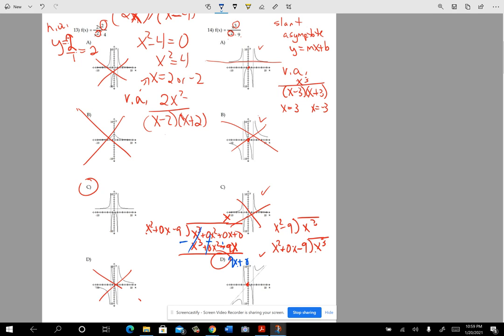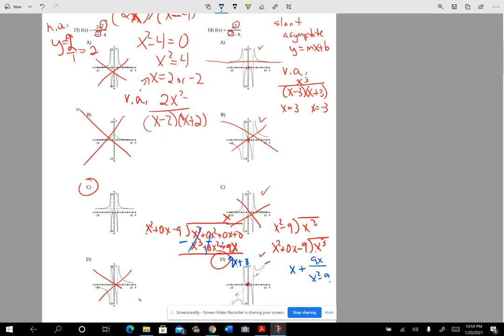And then you've got that remainder. So that's the y equals x right there. So when you do it, it would turn out to be x, and then you'd have 9x over x squared minus 9 left.